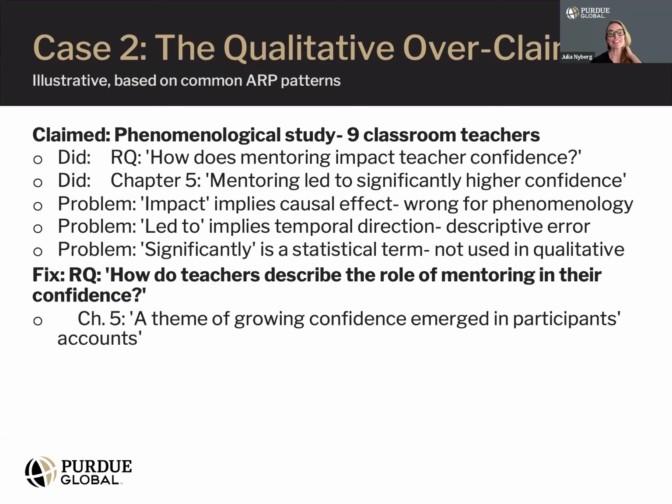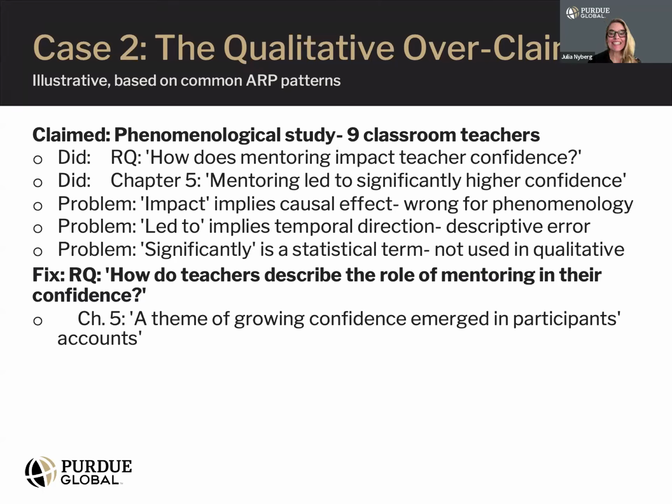In chapter 5, they continued. They wrote, mentoring led to significantly higher confidence. 3 errors in that one. Led to. That implies temporal and causal direction. Phenomenology does not establish sequences. Next up, this is a common term. Do a search for this one.